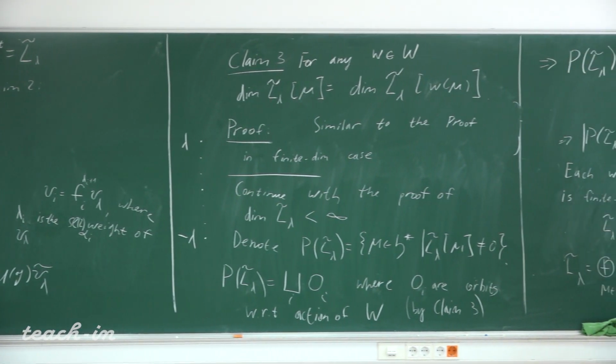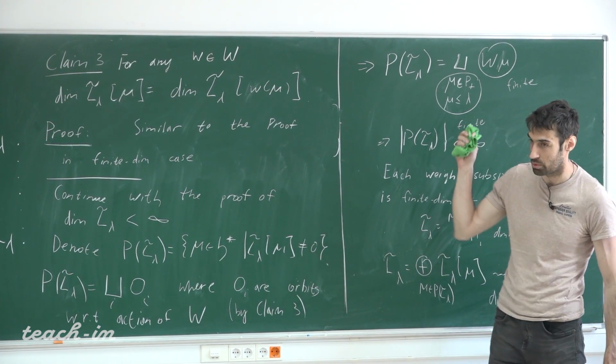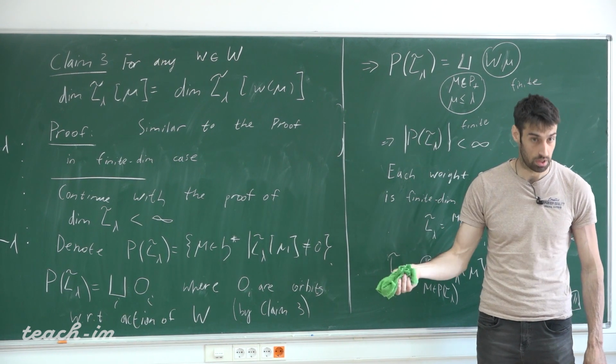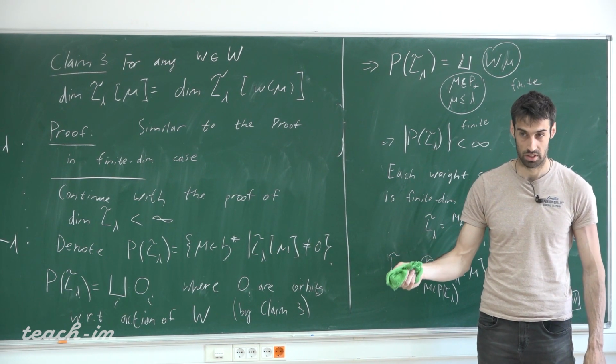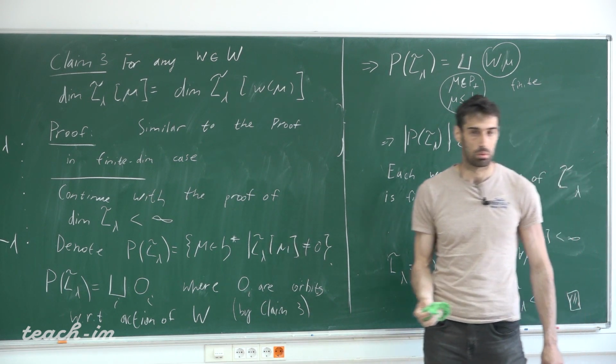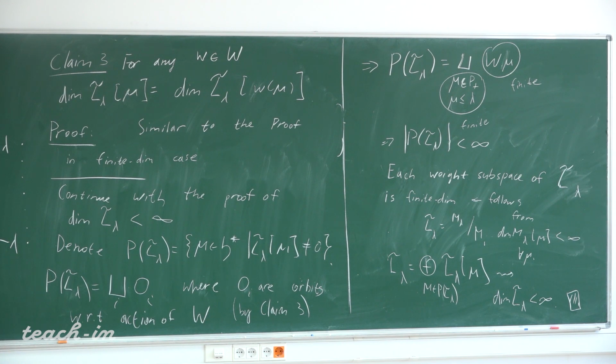All right. So therefore, we are done with the classification of all irreducible finite dimensional representations of semi-simple algebras. Okay. So now we would like to discuss characters.